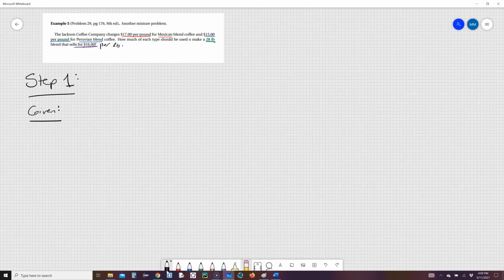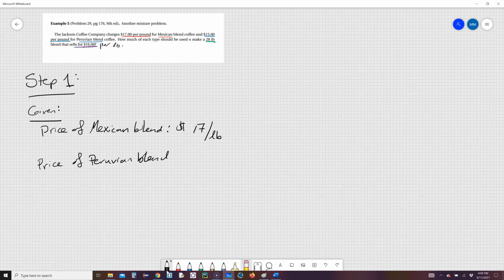Alright, we take stock of what we have. We have that the price of Mexican blend is $17 per pound. The price of Peruvian is $15 per pound.